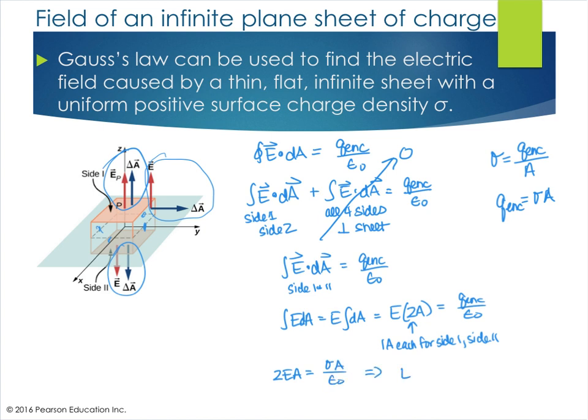And if I solve for E, I get sigma A over 2A epsilon naught. So I'm left with sigma over 2 epsilon naught. And that becomes the expression for when I have a thin sheet of uniform positive surface charge density sigma: its electric field is going to be perpendicular to the sheet itself, and its strength will be determined by the surface charge density over 2 times epsilon naught.